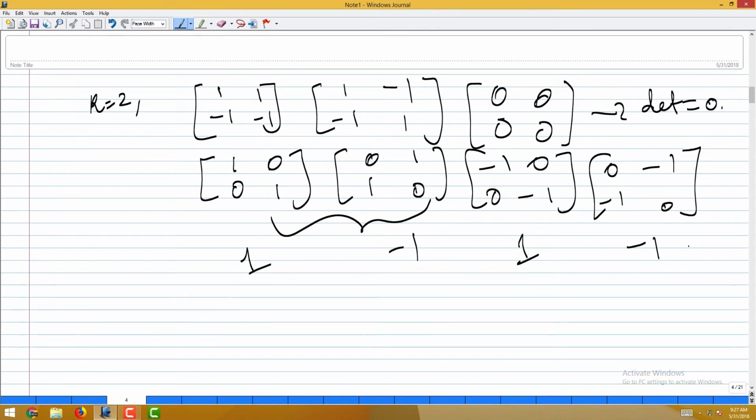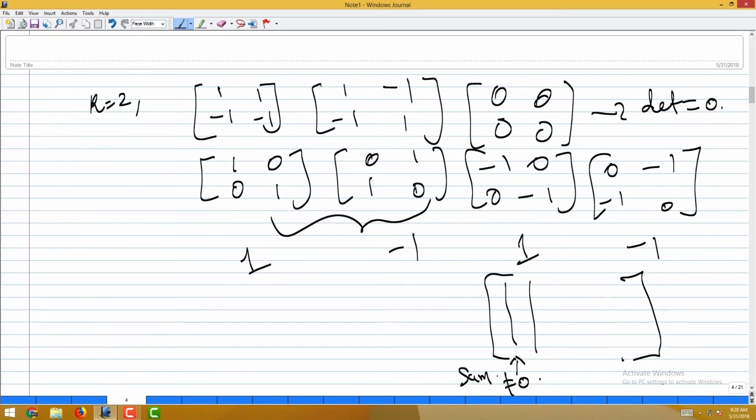What is the other possibility? Some column contains exactly one non-zero entry, so that column sum is not equal to 0.